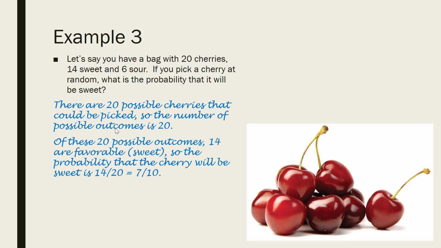Let's keep in mind also that when we assess probabilities in terms of the ratio of favorable to all potential cases, we rely heavily on the assumption of equal probability for all outcomes. So in this case, we would be assuming that all of the cherries are the same size so that our hand doesn't tend to favor picking one over the other.